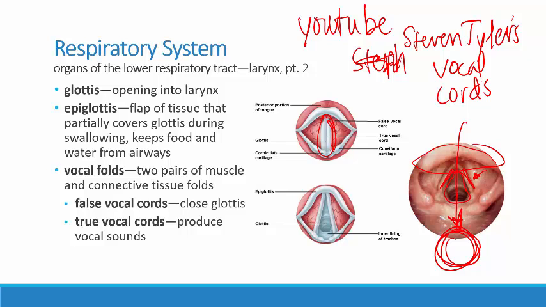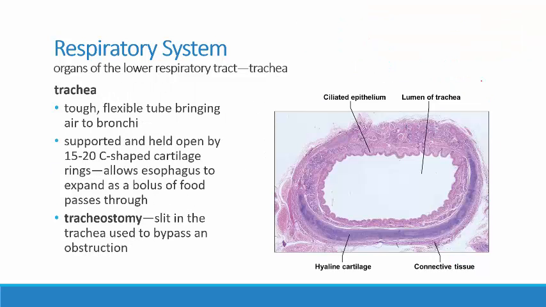Okay, so from the larynx, air passes down into the trachea. It's a tough, flexible tube that brings air to the lungs. It passes through the mediastinum, and it's supported and held open by cartilage rings. The rings wrap around, they're kind of C-shaped.